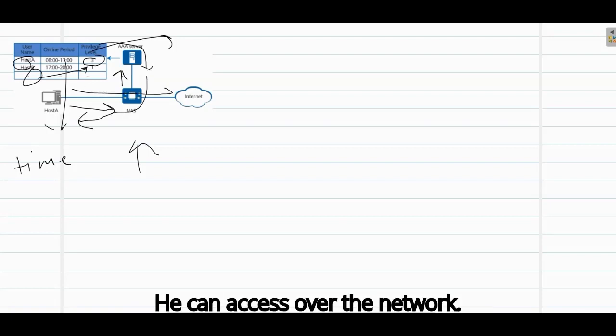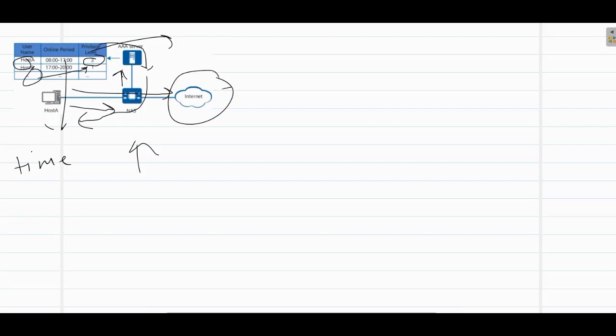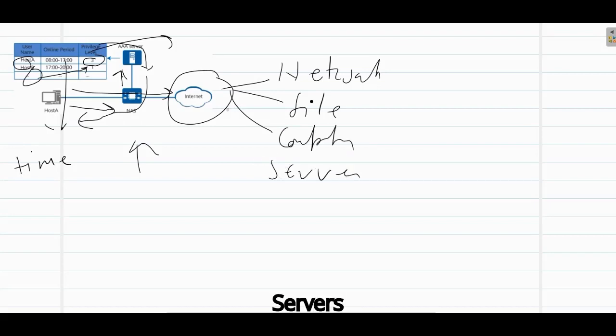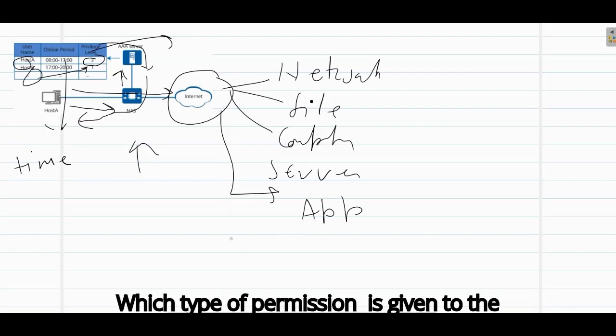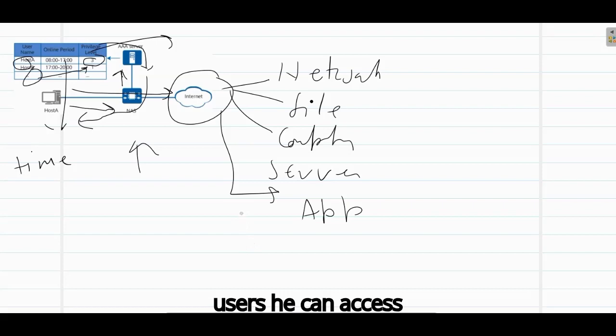He can access resources over the network like network, file, computer, servers, or any applications. Whichever type of permission is given to the users, he can access those applications and resources accordingly.